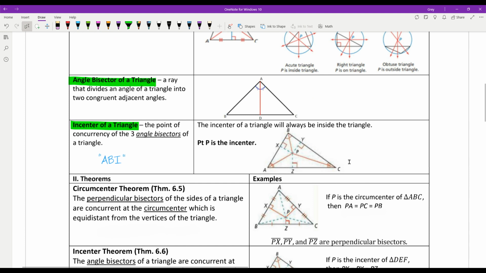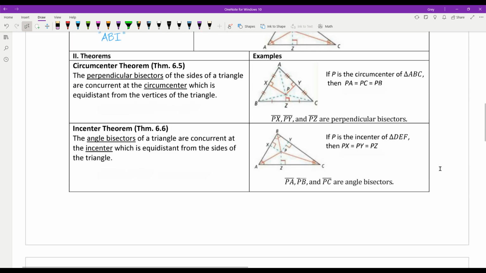All right. Then we have 2 theorems. We have a circumcenter theorem, and we have an incenter theorem. It tells you that if P is a circumcenter, that means that it connects these perpendicular bisectors. It's that point of concurrency.